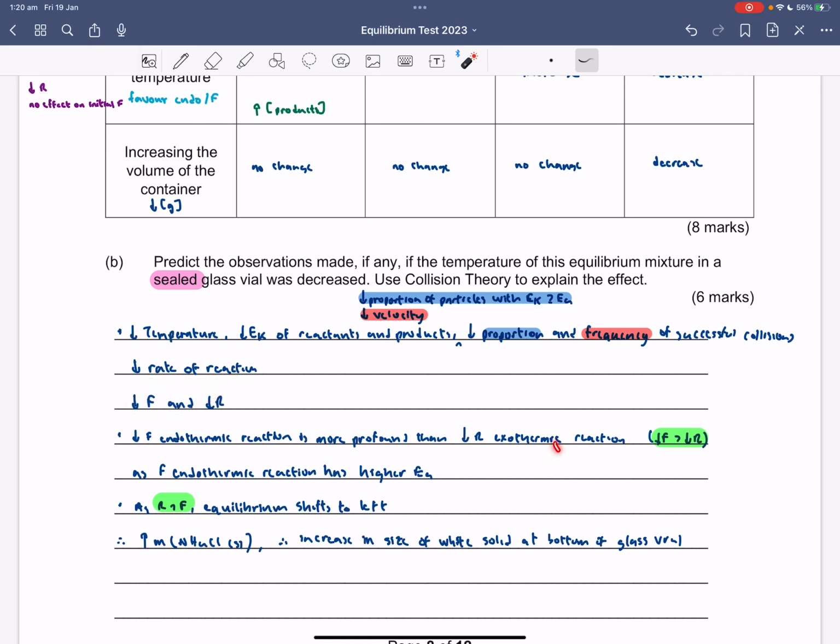Another mark to say that both forward and reverse will drop, except that the forward drops by more than the reverse because it has a higher activation energy, because the forward is endothermic. And since reverse is more than forward, equilibrium shifts to the left.